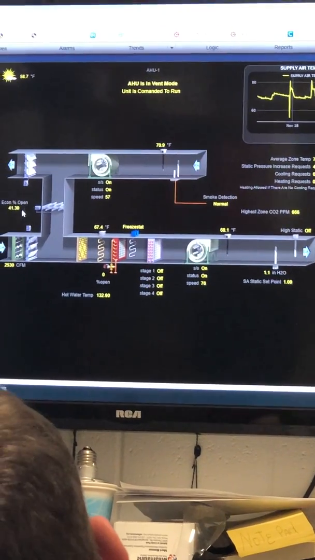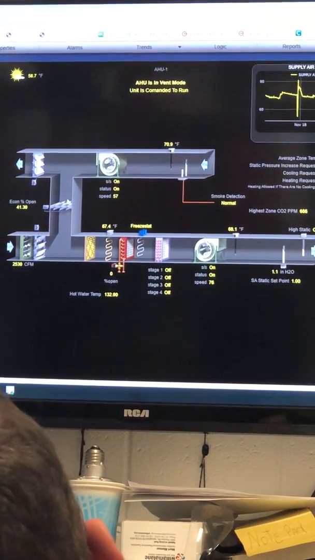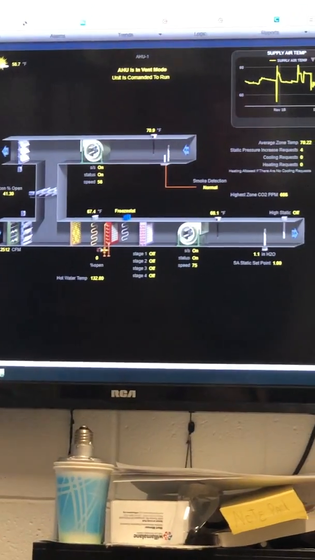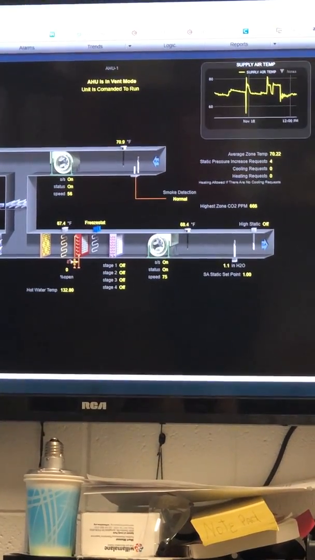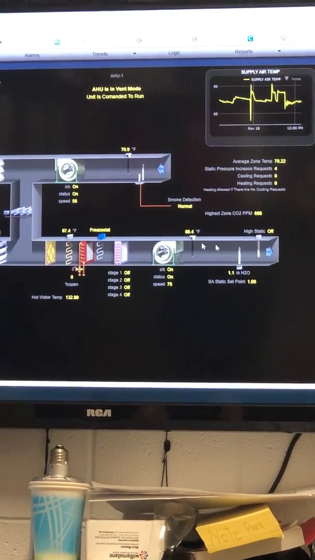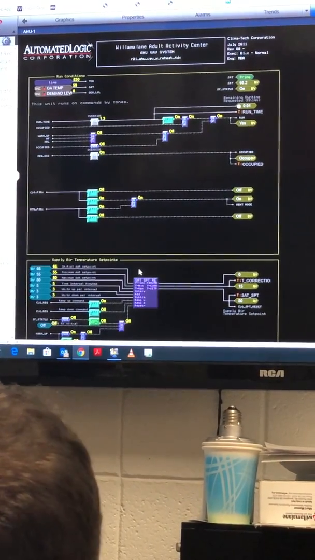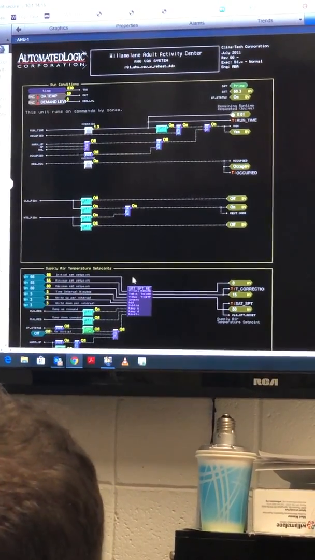Let's look at the Adult Activity Center main ASU, because it will give you a little better parameter. So the economizer... it'll have a desired supply air temp, right? And if you look in here, so here's the main temperature control.